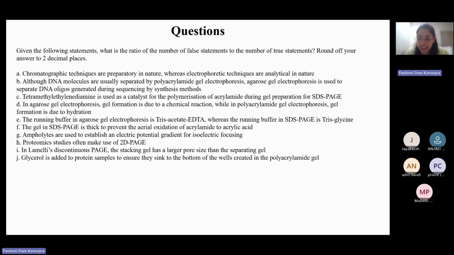You could simply write the number of false statements. That should be the same answer. So how many of these sentences are false?